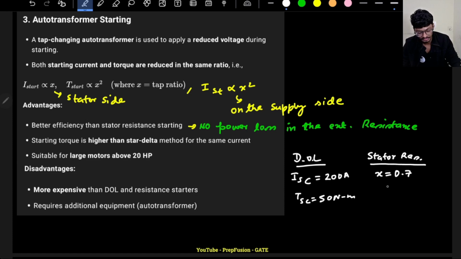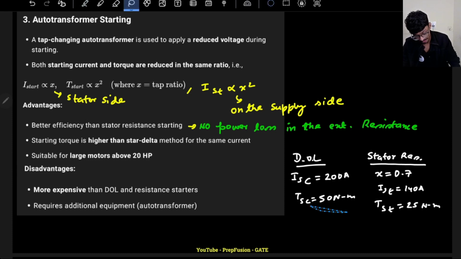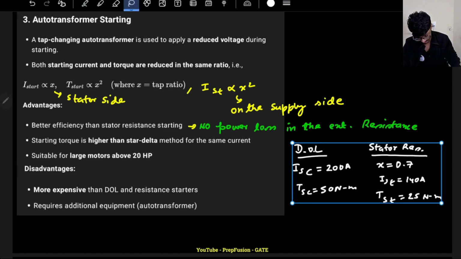So if x is 0.7, then how much does the starting current reduce? It will be x into ISC. So 0.7 into 200, it will be 140 amperes, right? What will be the reduction in starting torque? It will be x square into the torque, that is 0.49 into the starting torque in the direct online case. So it will be around 25 Newton meters. Okay, and remember here there will be power loss as well, right?